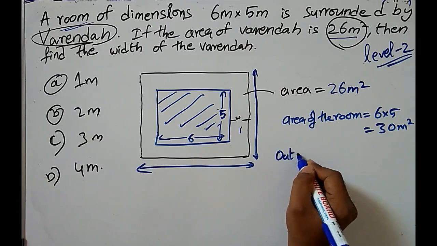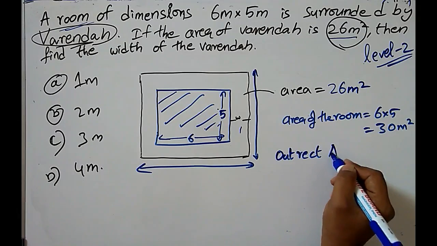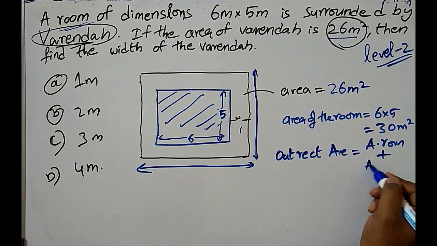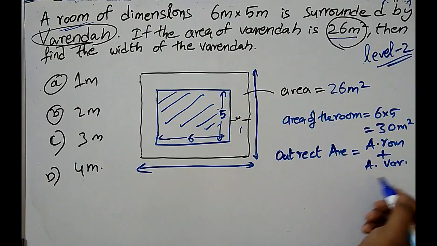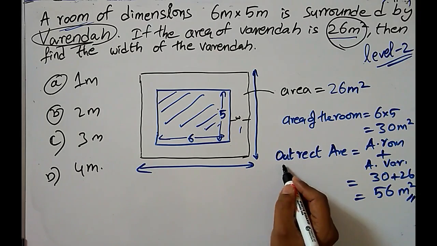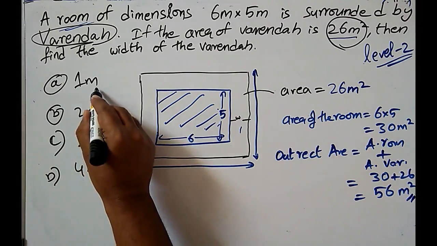Outer rectangle area is equal to area of room plus area of veranda, which is equal to 30 plus 26, that is 56 meters square. Here we have to find the width by the substitution method.